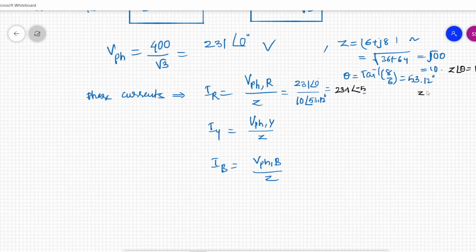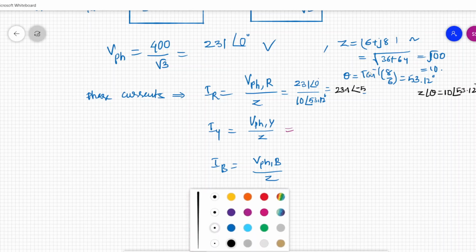So this is the current for R phase, 23.1 at an angle of minus 53.12 degrees.